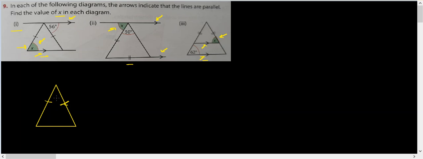What that indicates is that these two lines are equal to each other. Now we have an angle here. If these two lines are equal to each other, then these two angles here are equal to each other as well. So what we want to do is figure out what this is.